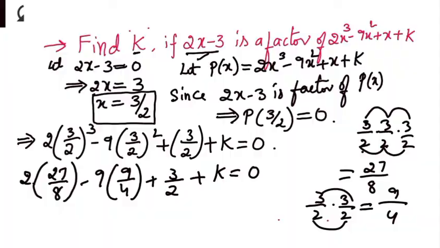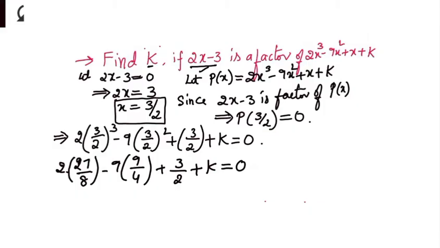If you observe, here we have numerator 2 and denominator 8, we can cancel with the 2 table, 2 ones are 2, 2 fours are 8, then we get 27 by 4 minus, here 9 and 4 we cannot cancel, 9 9s are 81 over 4, plus 3 by 2.